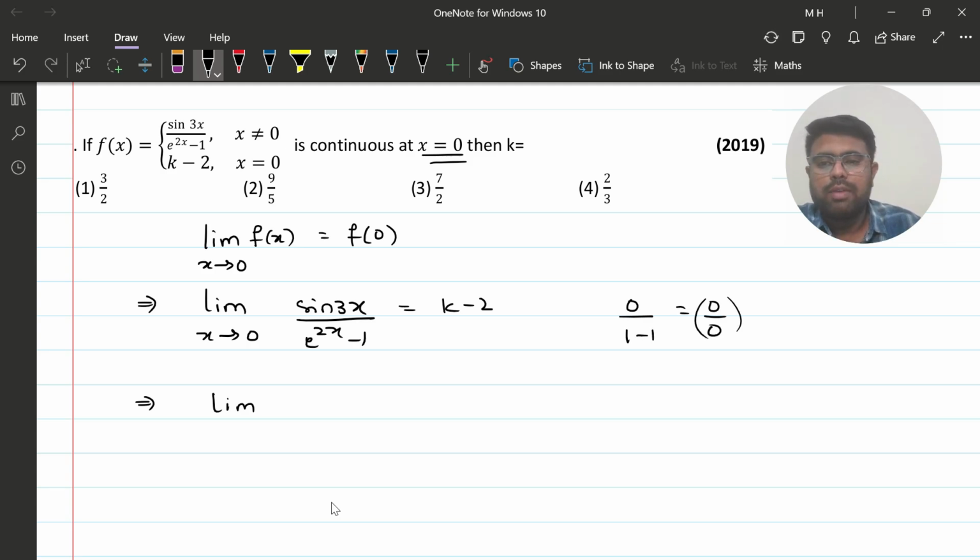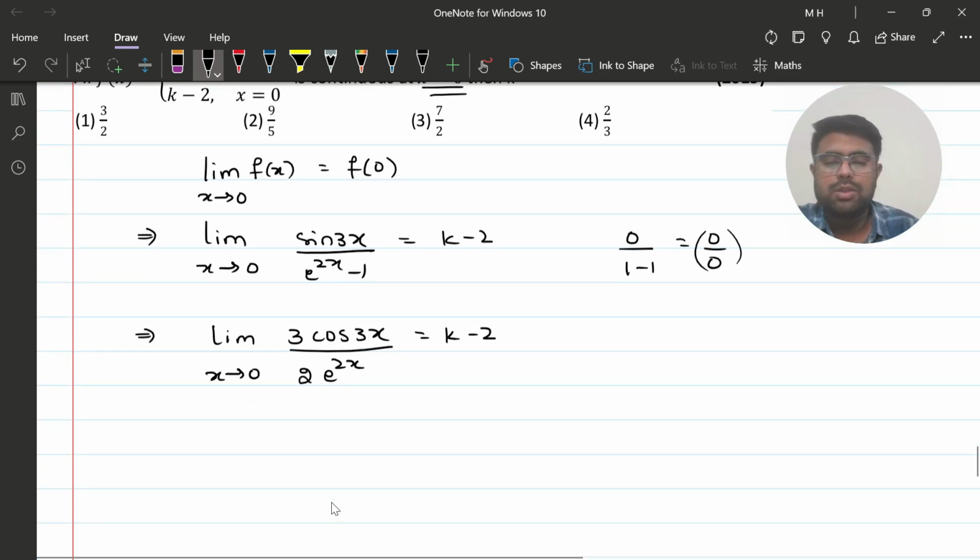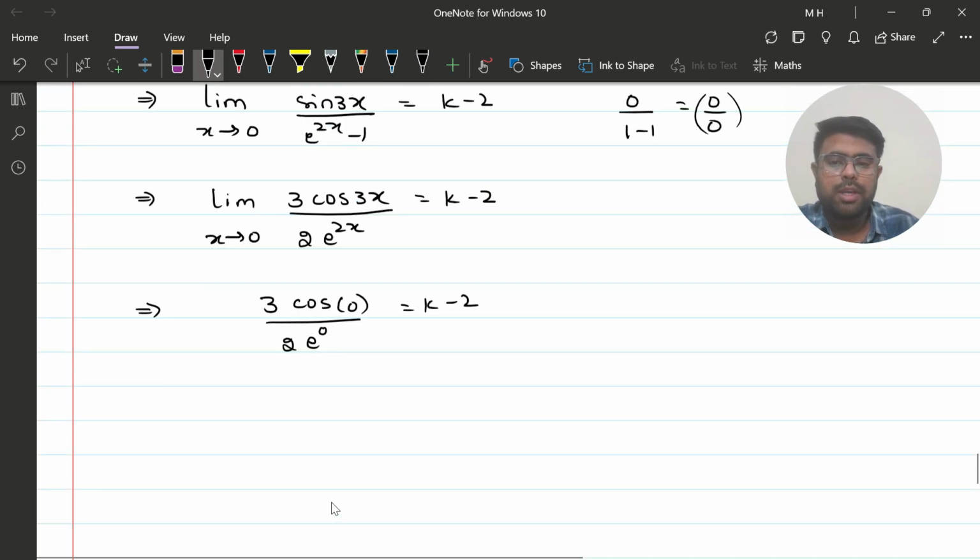So therefore I will differentiate it if possible. So it is 3 cos 3x divided by, what is the derivative of e raised to 2x? It is 2 e raised to 2x, minus 0, as x tends to 0 is equal to k minus 2. So if I put x equal to 0, it is 3 into cos 0 divided by 2 into e raised to 0, which is equal to k minus 2.